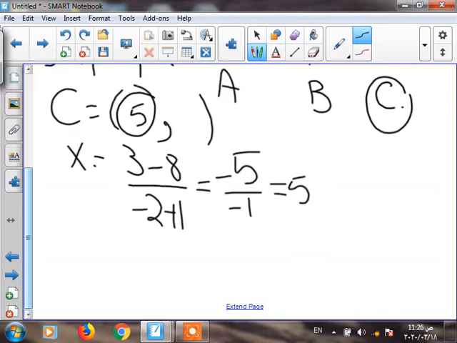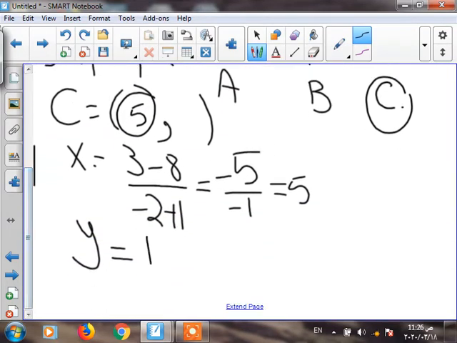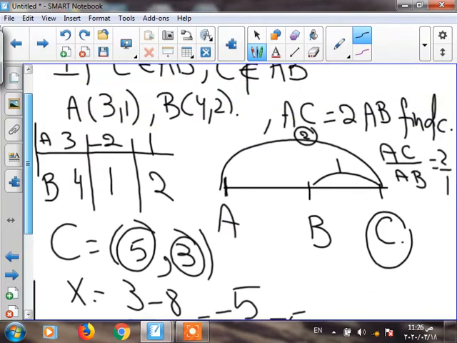And the y is going to be 1 times 1, 1 minus 4 over -1, -3 over -1 is going to be 3. So the point here is going to be (5, 3). So this is our point which divides it externally.